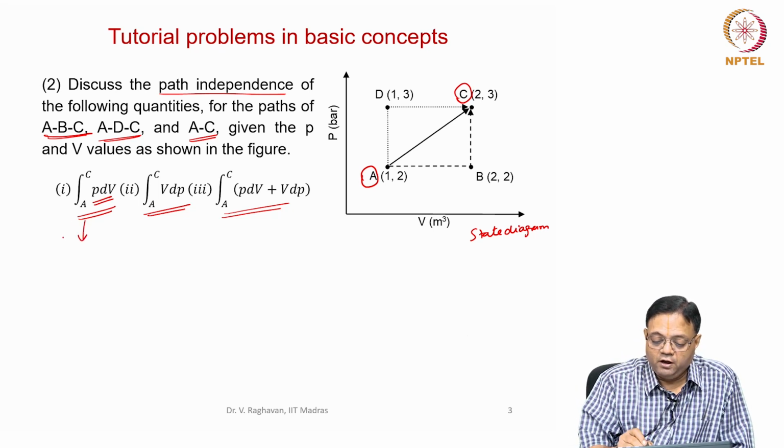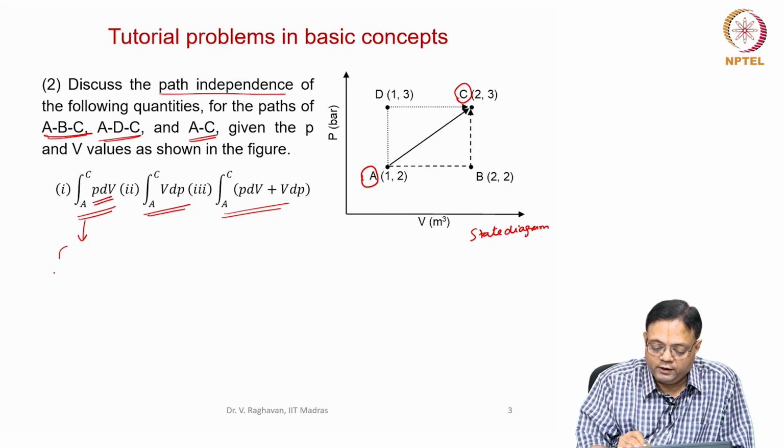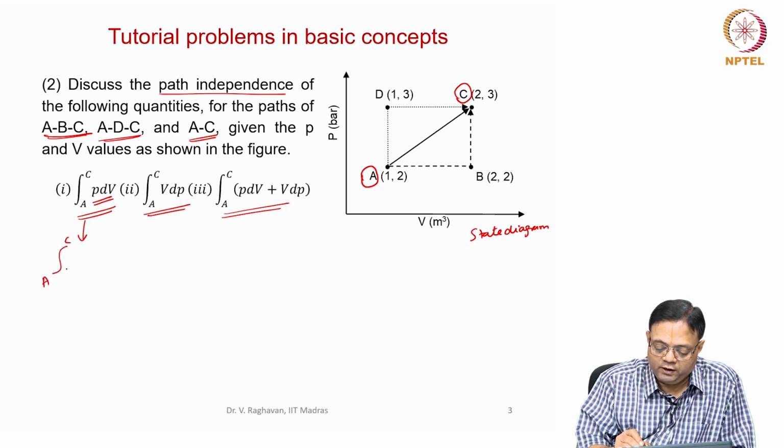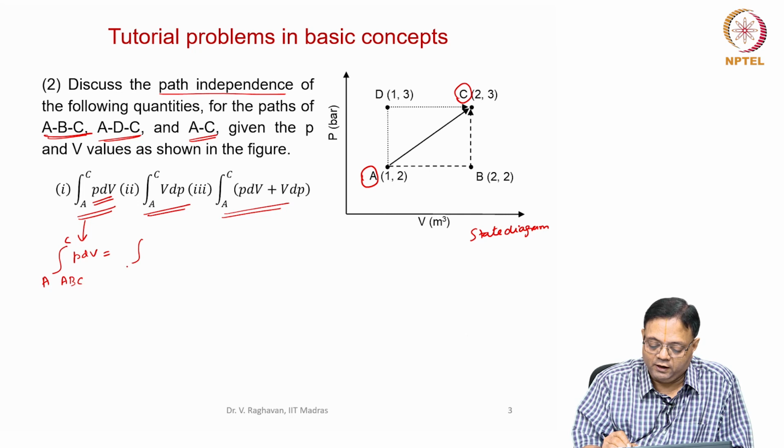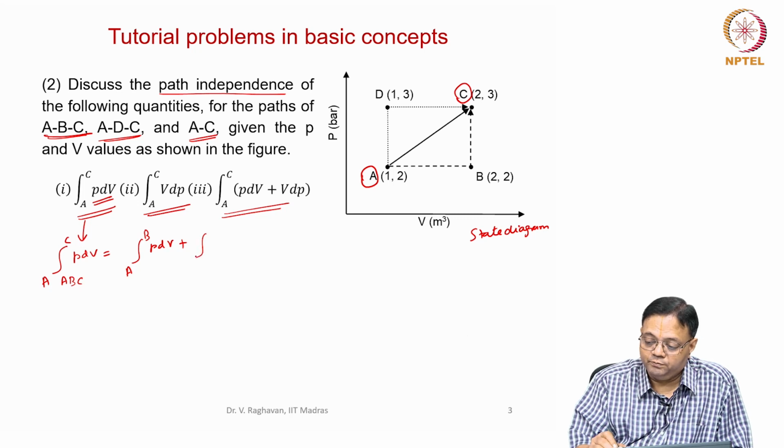So, we will take this. The integral from A to C along the path A, B, C of P dV will be equal to the integral from A to B of P dV plus the integral from B to C of P dV.